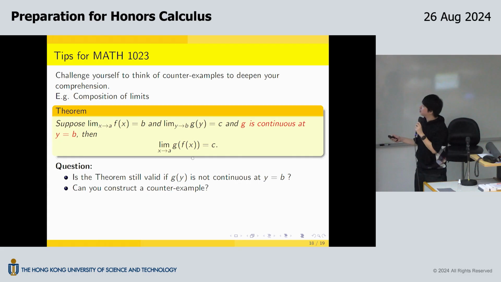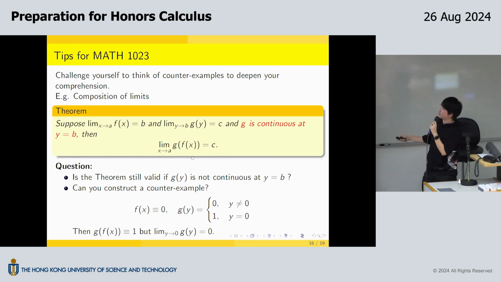And this is where the proof of the original theorem breaks down if you remove this assumption. And this is a counterexample that I give you. You can take f to be identically 0 and g to be a piecewise defined function such that g equals 1 when y equals 0 and g equals 0 when y is not 0.